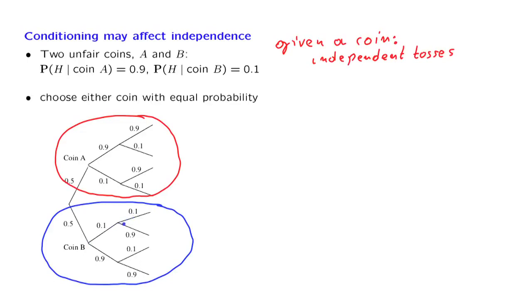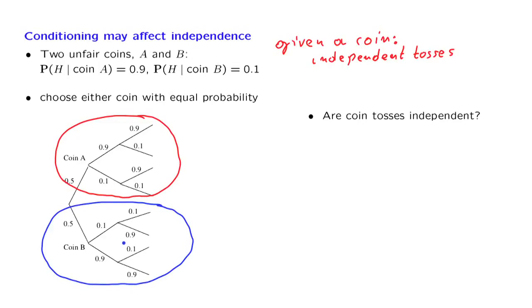Suppose now that we choose one of the two coins. Each coin is chosen with the same probability, 0.5. So we're equally likely to obtain this coin and then start flipping it over and over, or that coin and start flipping it over and over. The question we will try to answer is whether the coin tosses are independent.